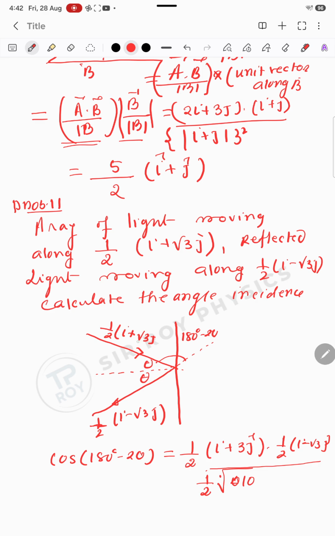Magnitude of that one, i plus 3 by 4, root over 4. It is coming, there is half, these are cancelled, so you are getting 1 minus 9 by 4, minus half, cos 120 degree.